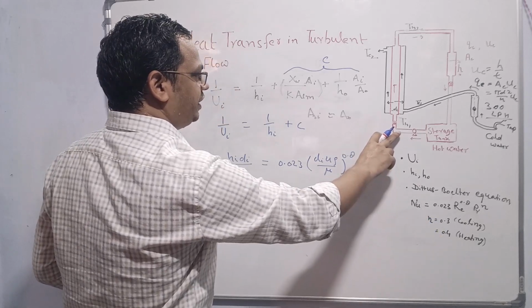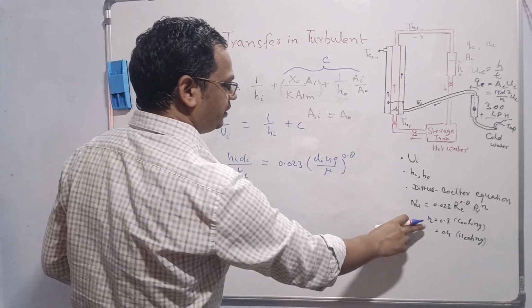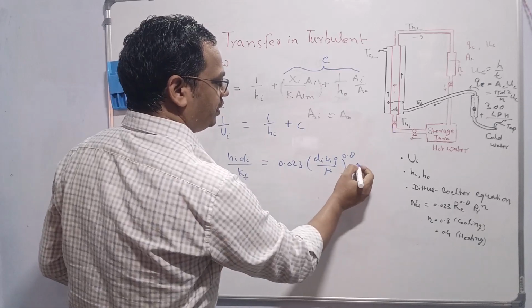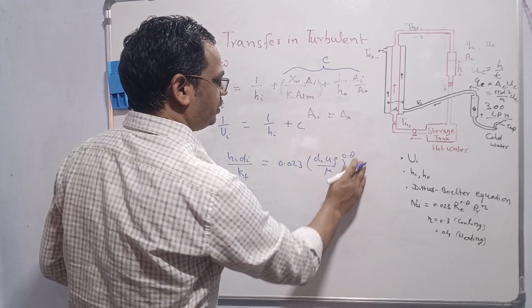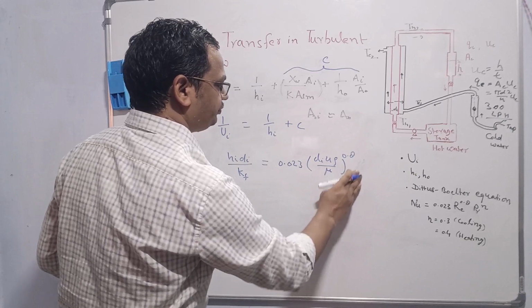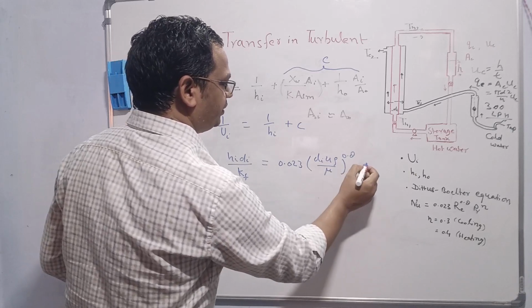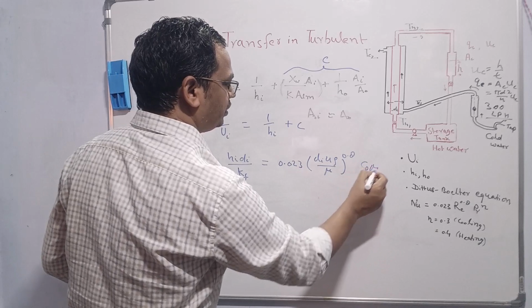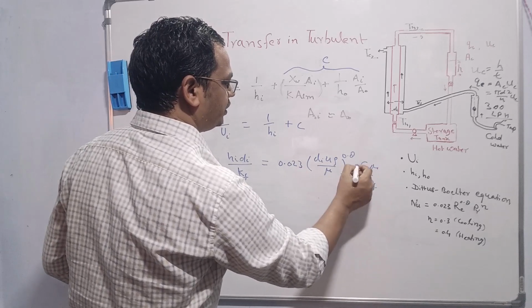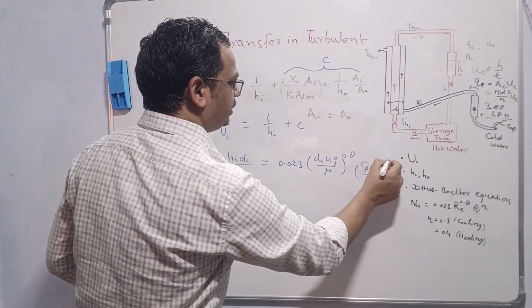Here the hot fluid is being cooled, so this is the case of cooling, and we can write Pr means Cp mu by K, f power 0.3.